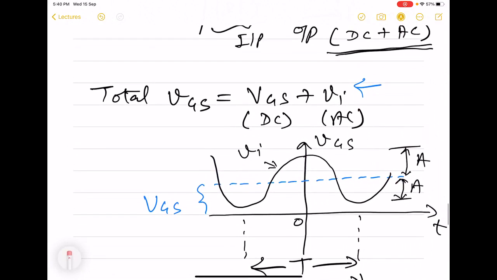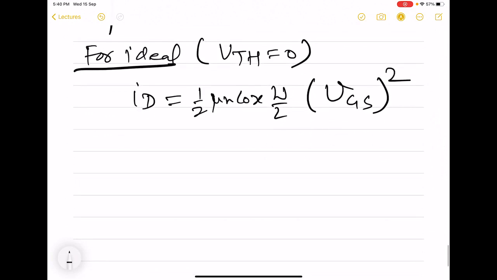Now you can see that what we are giving at the gate is a total voltage containing DC and AC components. So here also, whenever VGS is less than or equal to 0, this will imply drain current to be 0.